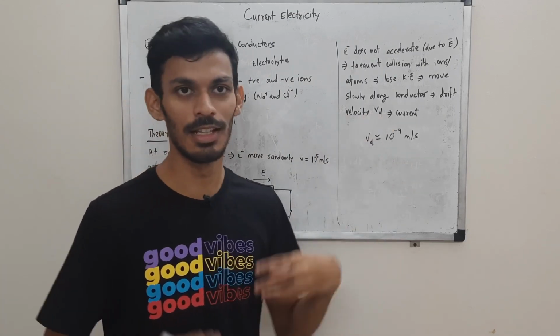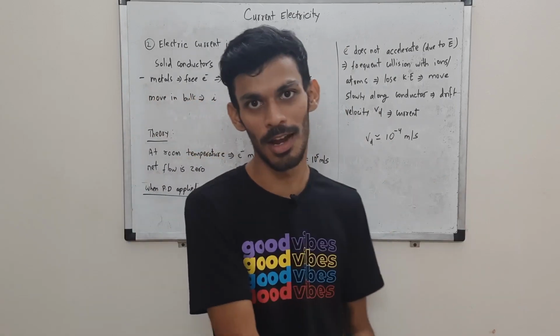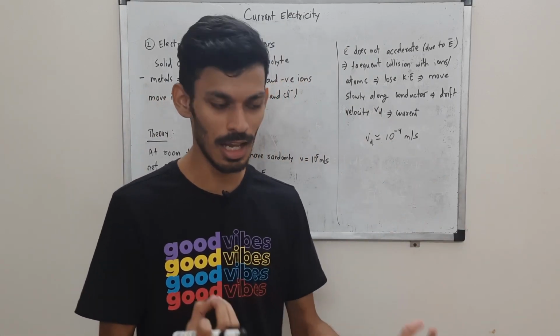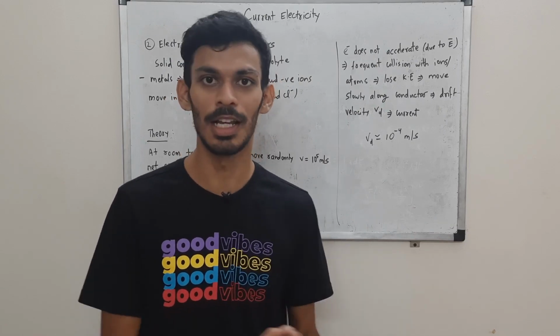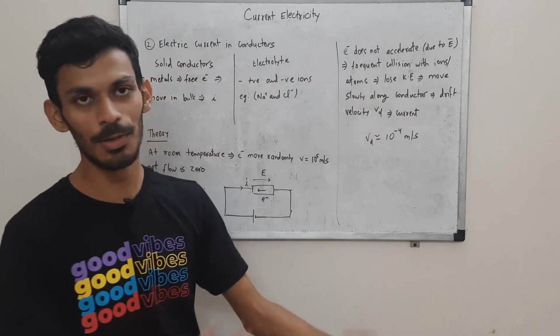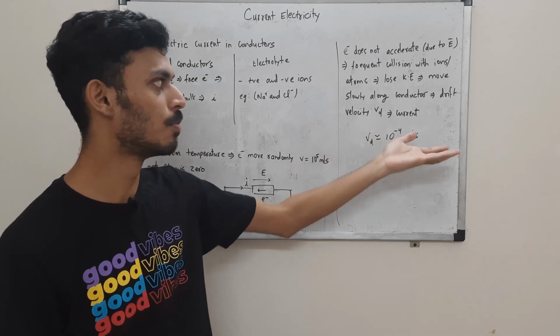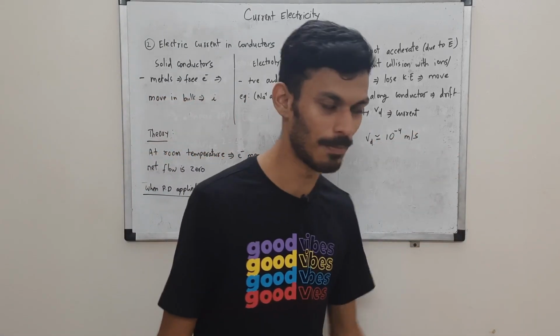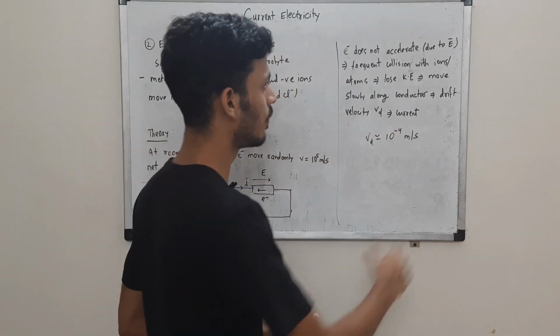This constant velocity is giving rise to current, not the accelerated motion. The accelerated motion is not sustainable. It's constantly colliding and losing kinetic energy, and the end result is that it moves with a steady velocity, which is termed the drift velocity.